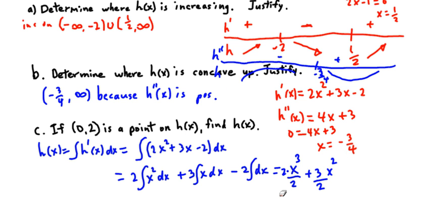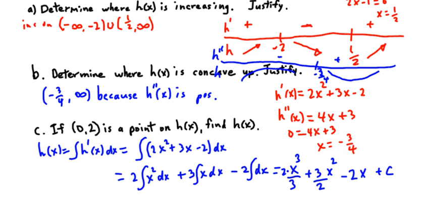I hope you caught it. I put over 2 here. It's going to be over 3. And minus 2x, isn't it? Yes. Minus 2x plus c.